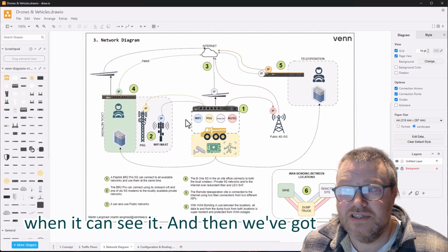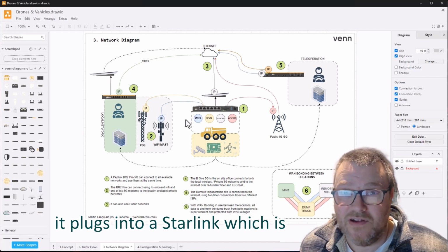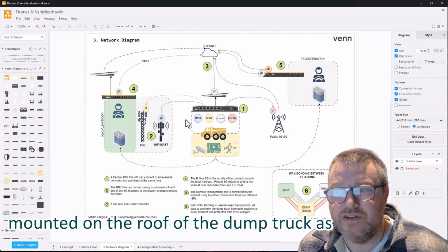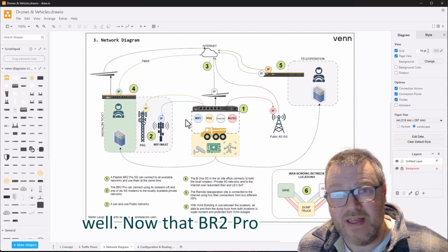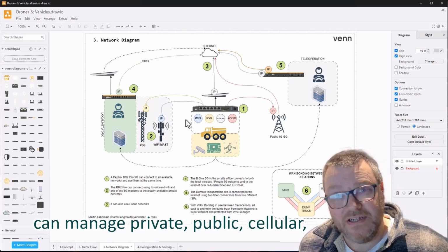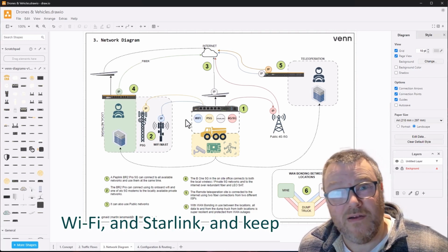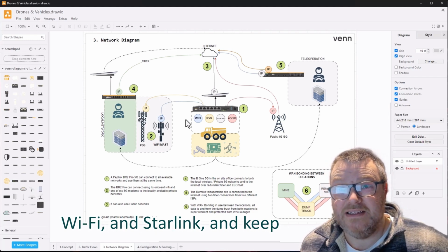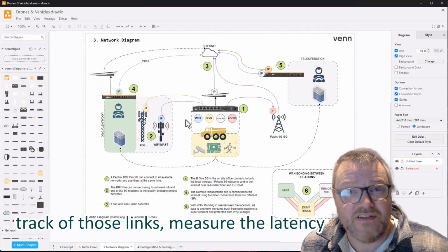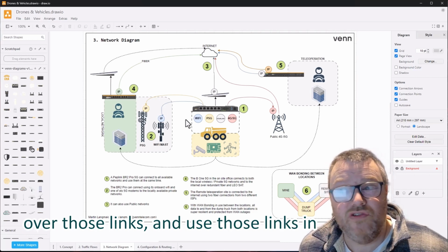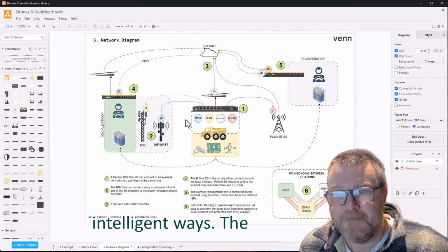And then we've got it plugged into a Starlink, which is mounted on the roof of the dump truck as well. Now, that BR2 Pro can manage private, public cellular, Wi-Fi and Starlink, and keep track of those links, measure the latency over those links, and use those links in intelligent ways.